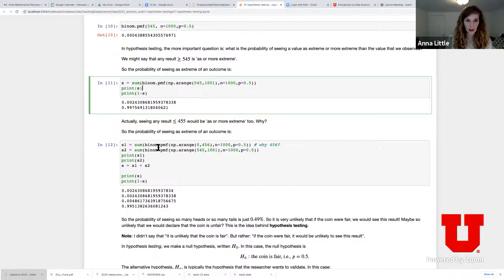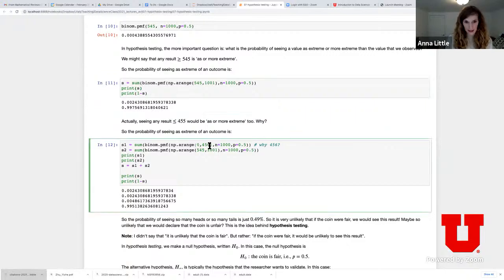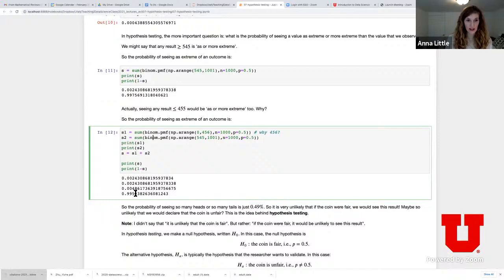Now we have to sum up the binomial probabilities from 0 to 455. Again, that doesn't include the last element. And then we sum up the binomial probabilities as we did before from 545 to 1,000, and we just add them together. Adding them together, we get 0.0048, which is still a very small number.